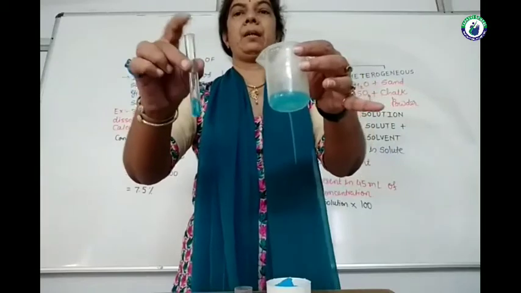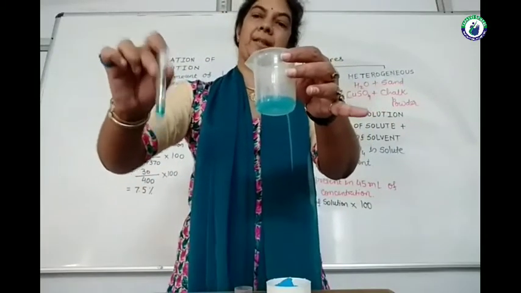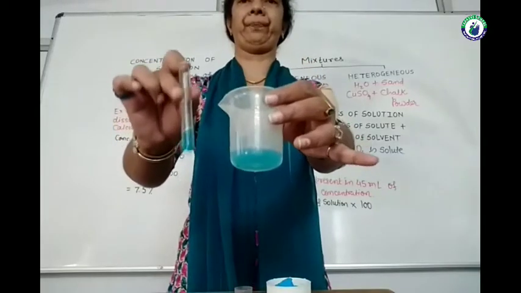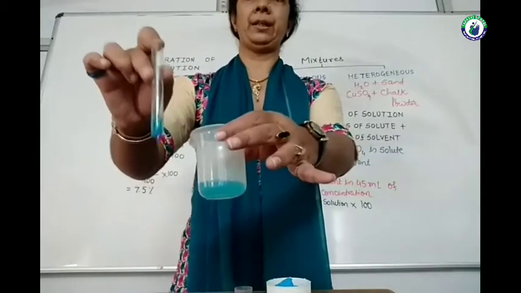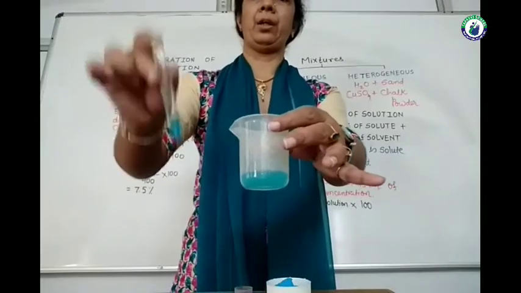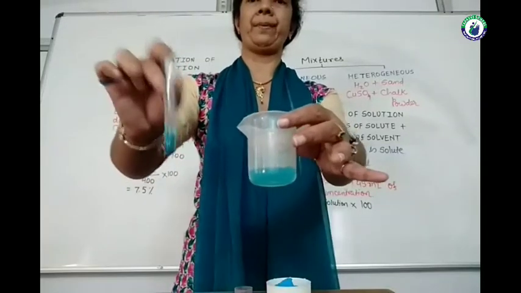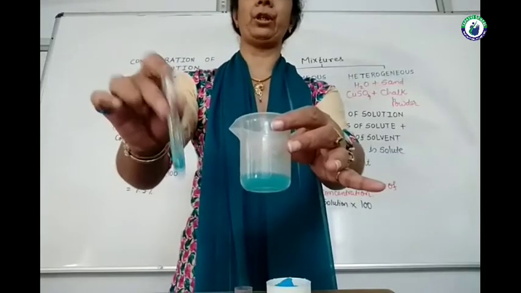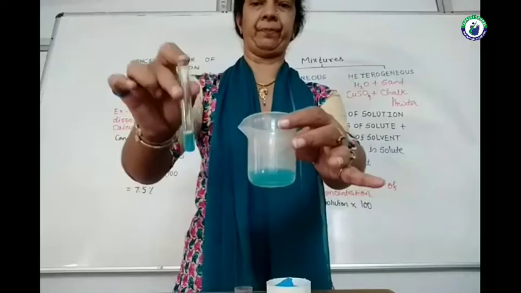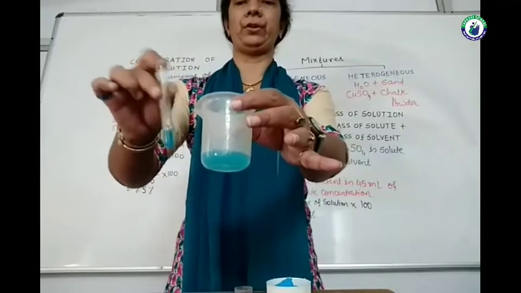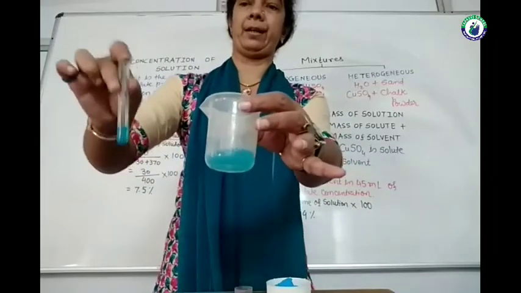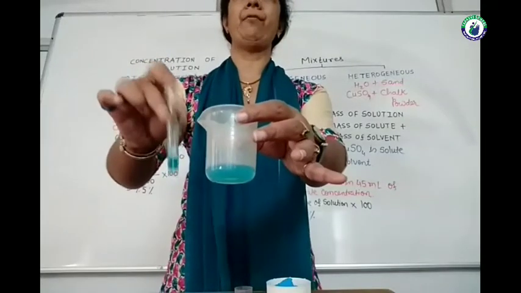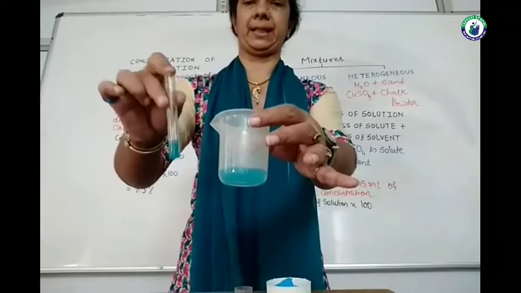You can see the difference in the color of the solution. This solution has a beautiful blue color, and still the crystals of CuSO4 are dissolving. This is also a solution of copper sulfate, but in it the amount of copper sulfate relative to water is less than this one.